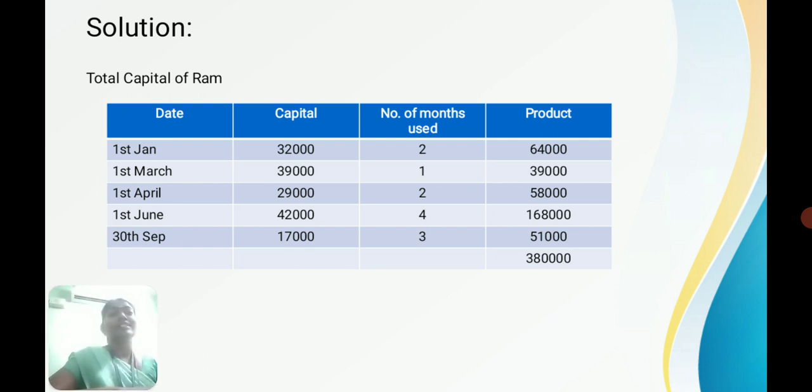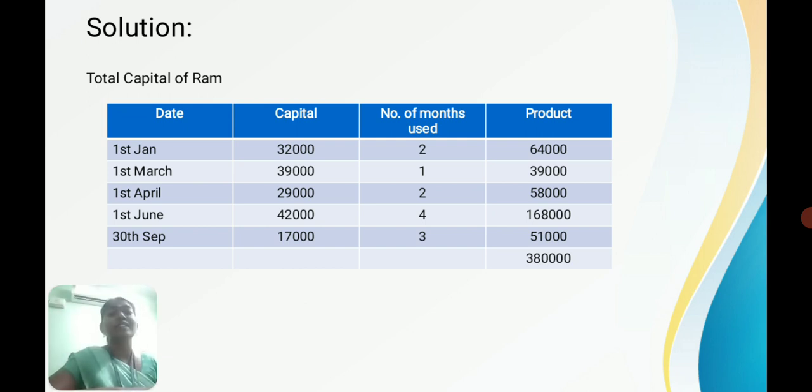But the 32,000 is used wholly for 2 months, that is January and February, because on 1st March the amount is changed. So the number of months used for the 32,000 is 2 months. The product of these two is 64,000.